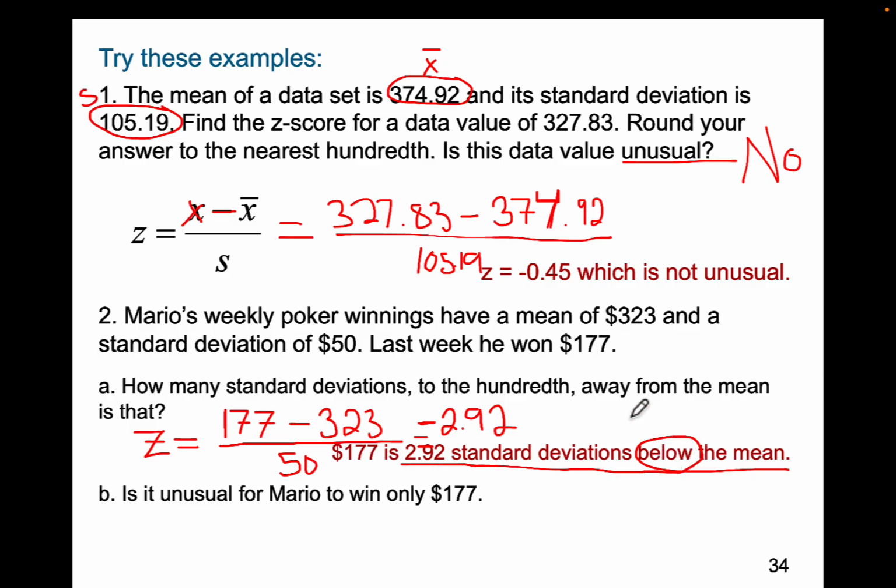We say below because our z-score was negative 2.92. That's unusual, right? That would be considered statistically significant. Which is exactly what they're asking us. Is that unusual for Mario to win $177? The answer is yes, because 2.92 is not within 2 standard deviations of the mean.